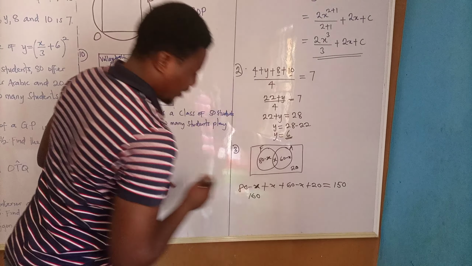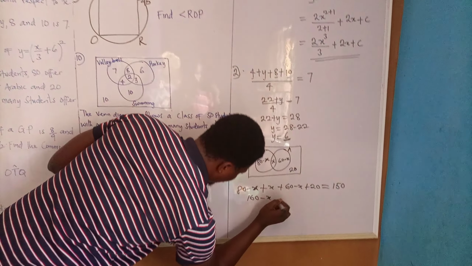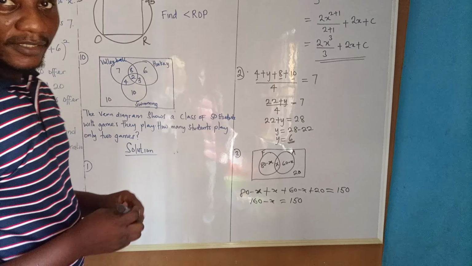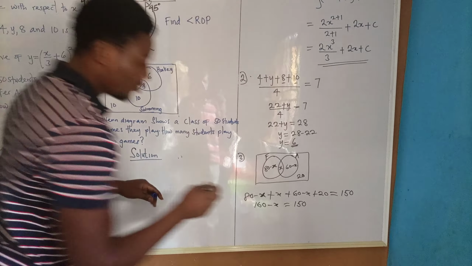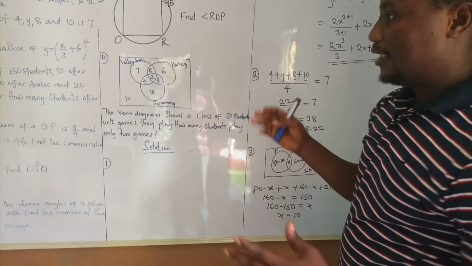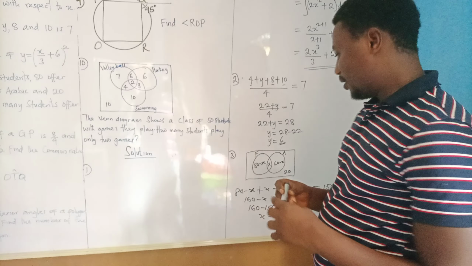Minus X plus X, that is 0. Then we still have another minus X, and that is equal to 150. Now collecting the like terms, we have 160 minus 150 to be equal to X. In a nutshell, we have X to be 10. So that is to say, the number of students that offered both subjects are 10 in number.